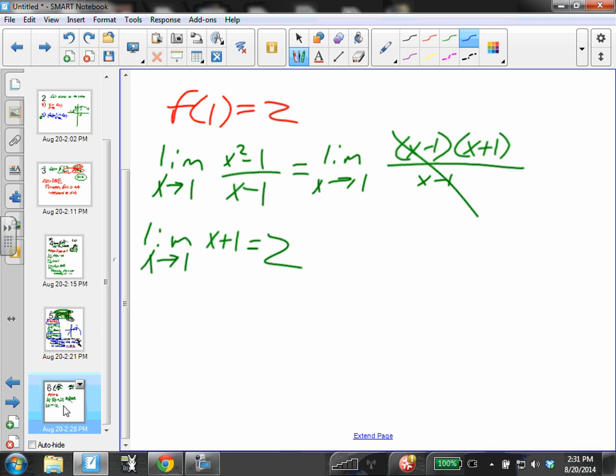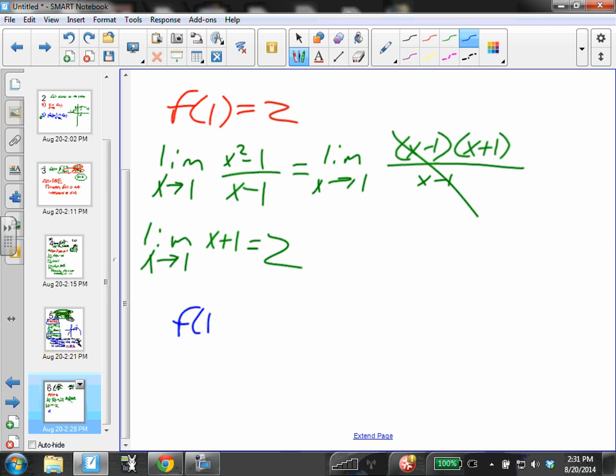The last thing is that we need the function at 1 and the limit at 1 to be equal to one another. And you can see that they're both 2, right? So instead of writing out that the function was 2, I'm just going to do it very simply.